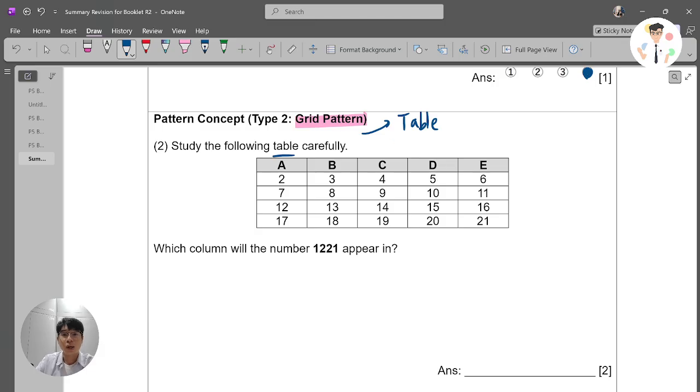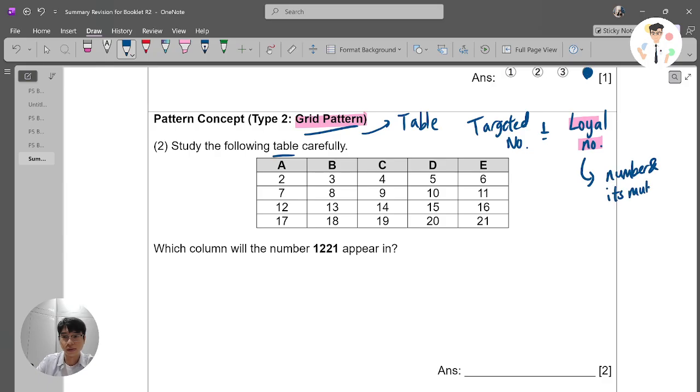And you should remember, when it comes to grid pattern, our formula basically is targeted number, and we're supposed to divide by the loyal number. Now, again, some of you might be confused again, teacher, what does it mean by the loyal number? Now, the loyal number basically means that the number and its multiples will always stay in the same column.